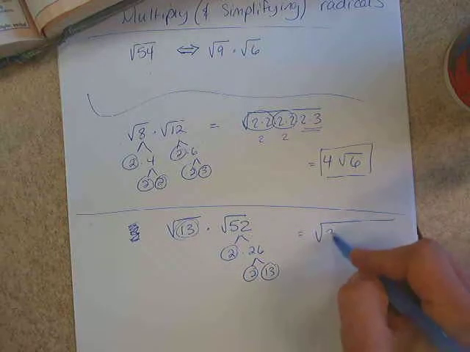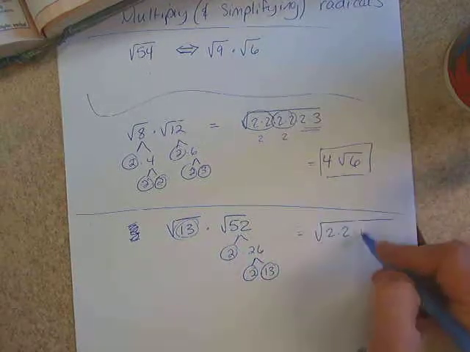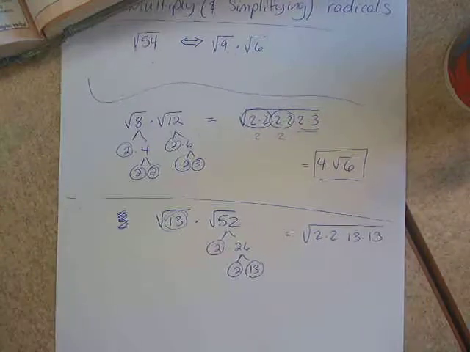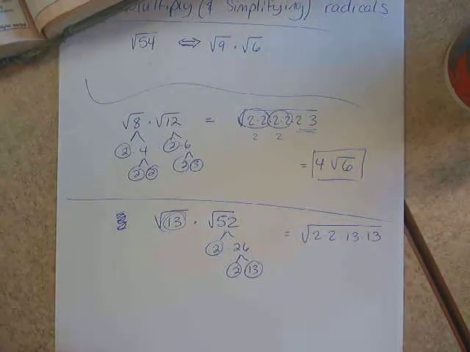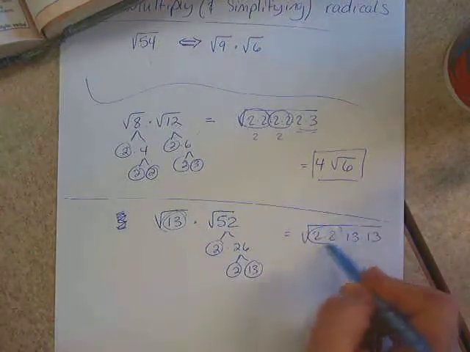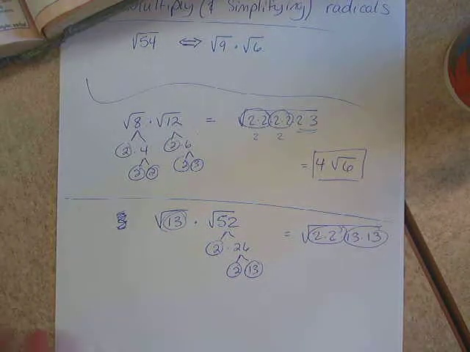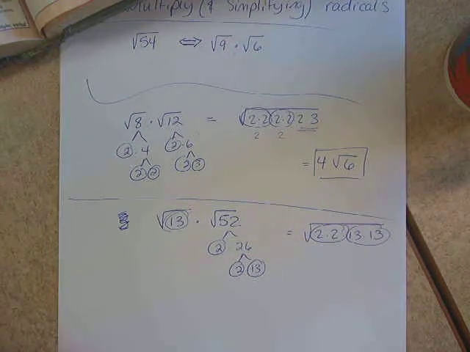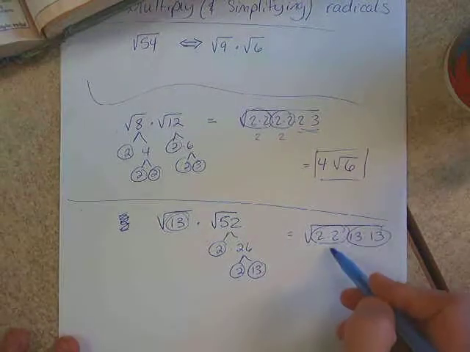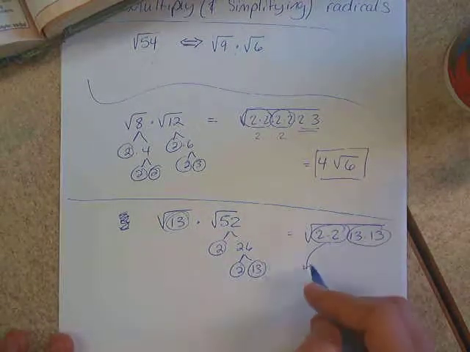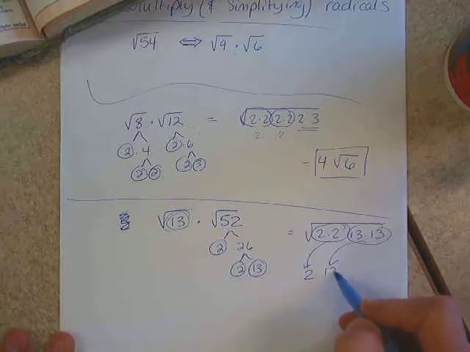So what we're doing is under the same radical, we have the 2's, and we have the pair of 13's. We haven't spent a lot of time talking about it, but everything under the radical has a partner. What does that mean? It's all a perfect square, right? Everything's coming out. So if everything comes out, do you still need the radical?